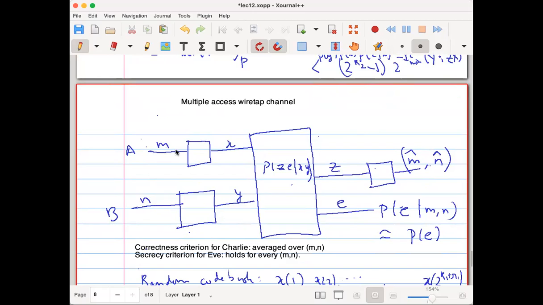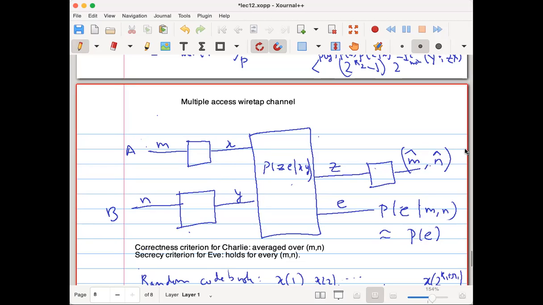Remember, we are averaging over a block of size 2 to the R1. Let us ignore Bob for now. If you're just looking at the channel from Alice to Eve, Alice is randomizing over a block of size 2 to the R1. And we want that the probability distribution that Eve sees should be almost independent of the block numbers, very close to the marginal probability distribution.